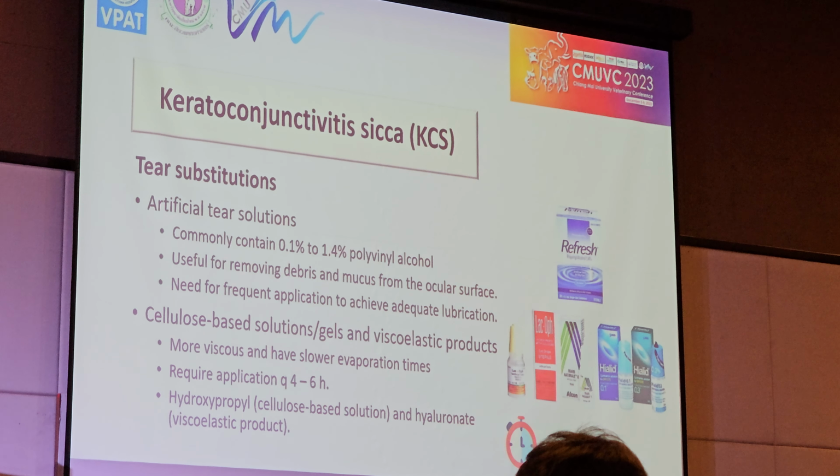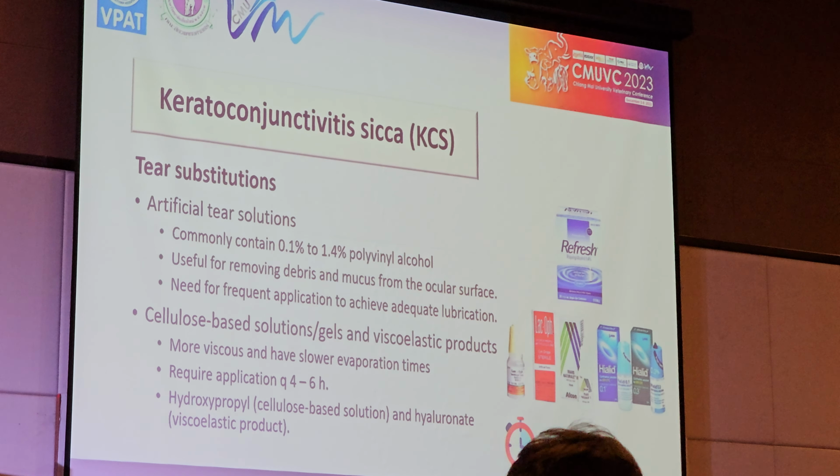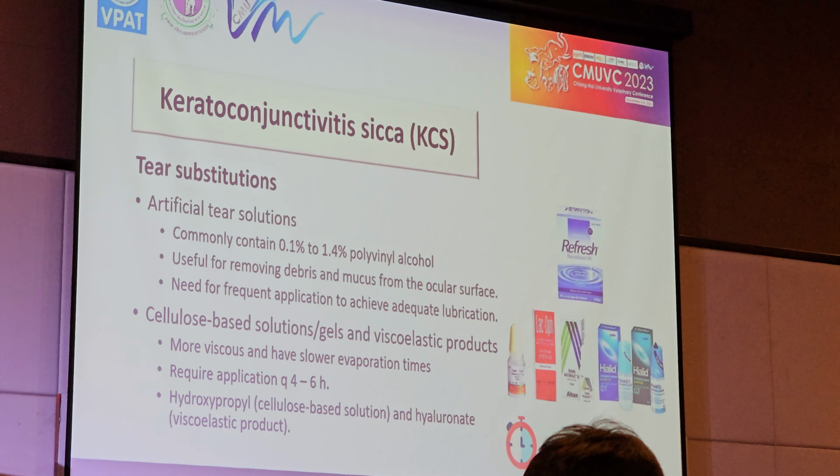For tear substitutes, there are so many products in the market. They can be classified by their formulations, which are the artificial tear solutions, commonly containing polyvinyl alcohol. They are useful for removing debris and mucus from the ocular surface and require frequent application, about every 2 to 6 hours, to achieve adequate lubrication.